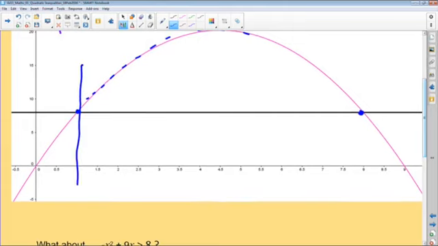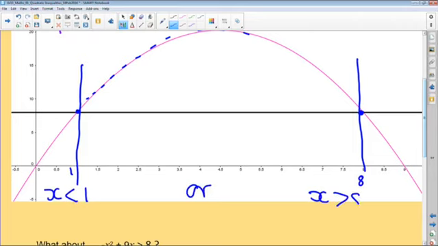This is 1, and this is 8. How do you read it off? Your x should be less than 1, or x is greater than 8, because from this point up, the parabola is below the straight line, and this point going below 1, it is below the straight line graph.